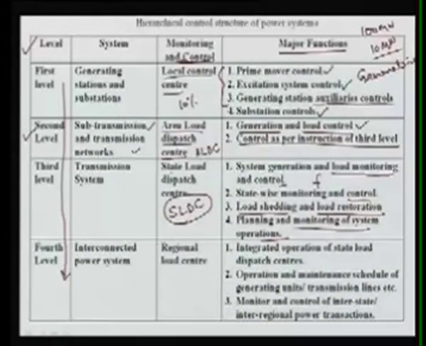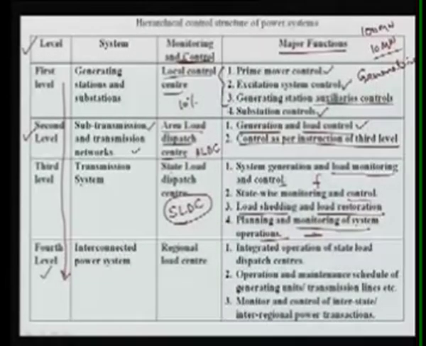They should also follow the instructions received from the higher level. Higher level here means the fourth level, and they get information from the fourth level to change their generator setting, to change the load setting, to change the transmission line status, meaning outage or intact system.